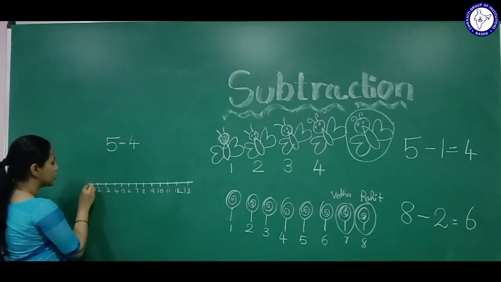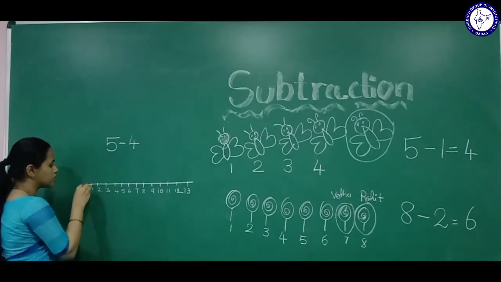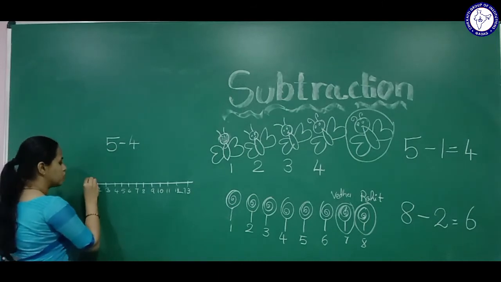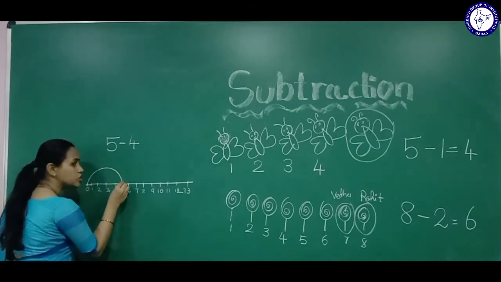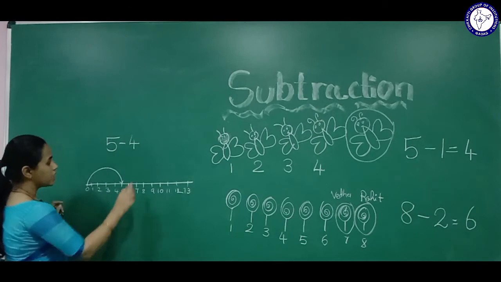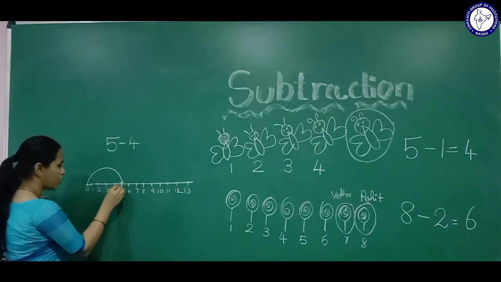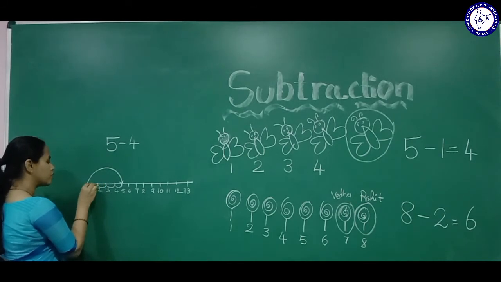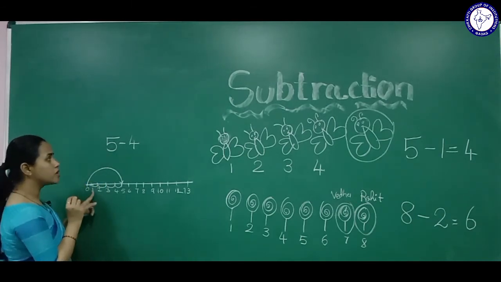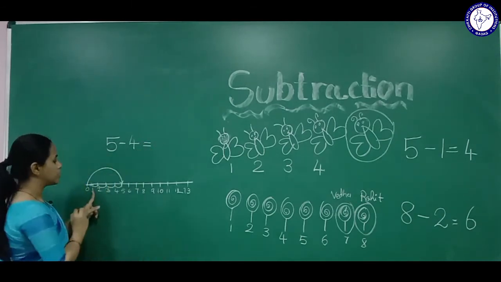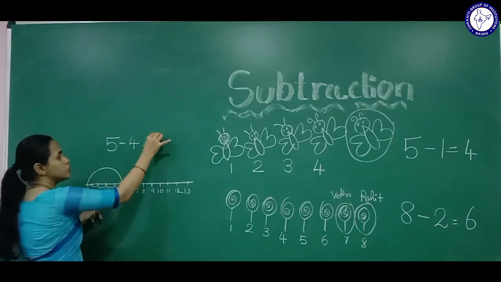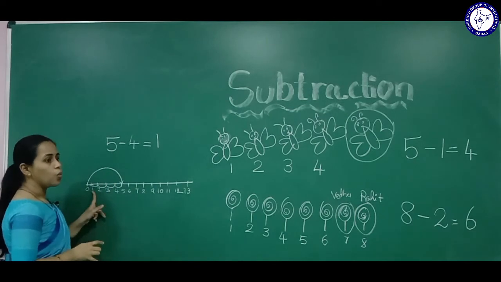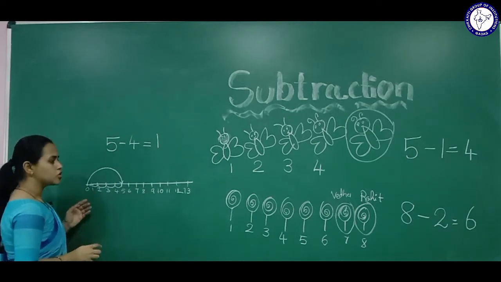Okay, so here you should always start with the 0. Okay, 5. So we'll go to number 5. We'll jump first here. Okay, then 4. 1, 2, 3, 4. So which number are we at? Number 1. So we should write 5 minus 4 equals what? 1. Okay.